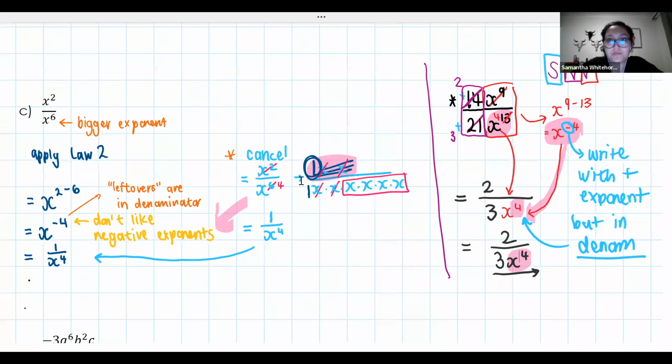Then you minus 9 to 13. Then it's going to be -4. Then you said 2/3 x to the power 4. Good. Then it's going to be 2/3 x to the power 4. Perfect. Nice, Litesh. Okay, guys.